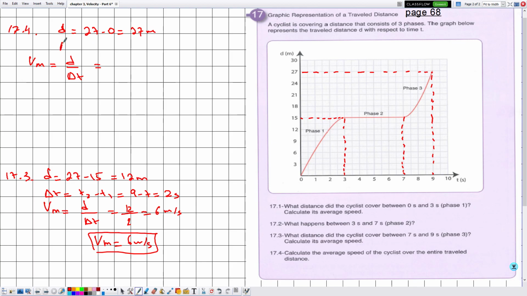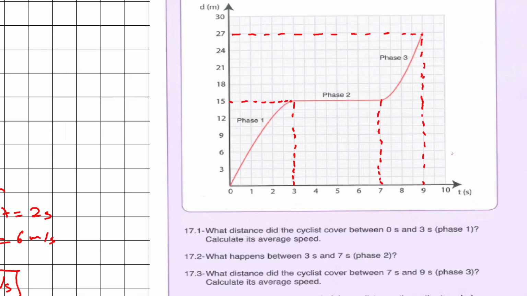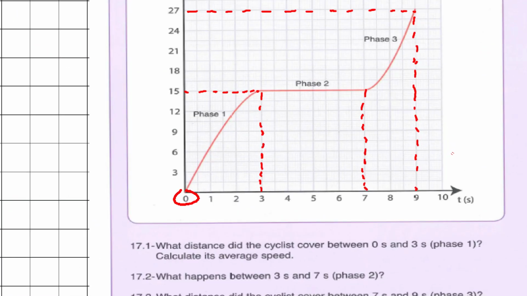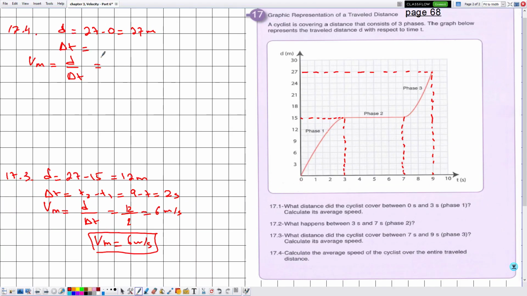And as for the duration delta t, it is equal to 9 minus 0, which is equal to 9 seconds. So 27 divided by 9 is equal to 3 meters per second. So the average speed for the whole trip is given by 3 meters per second.